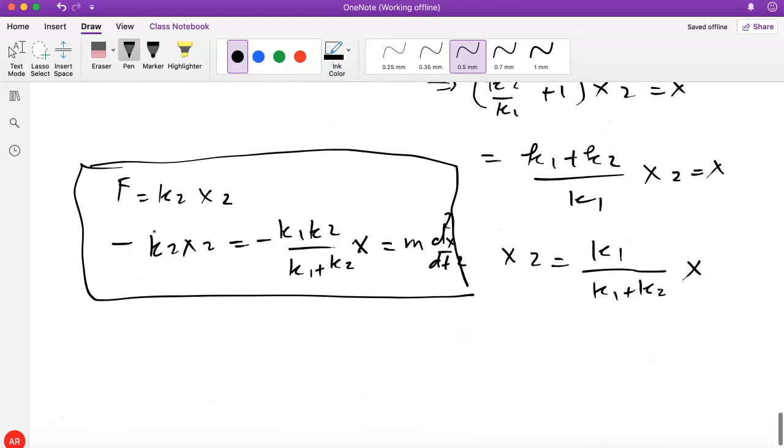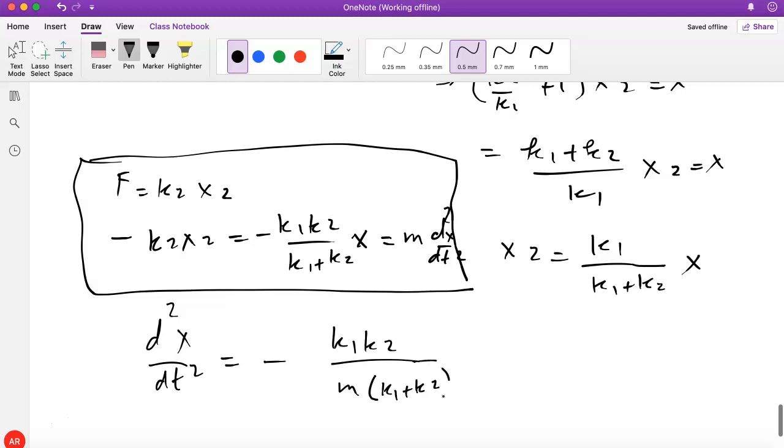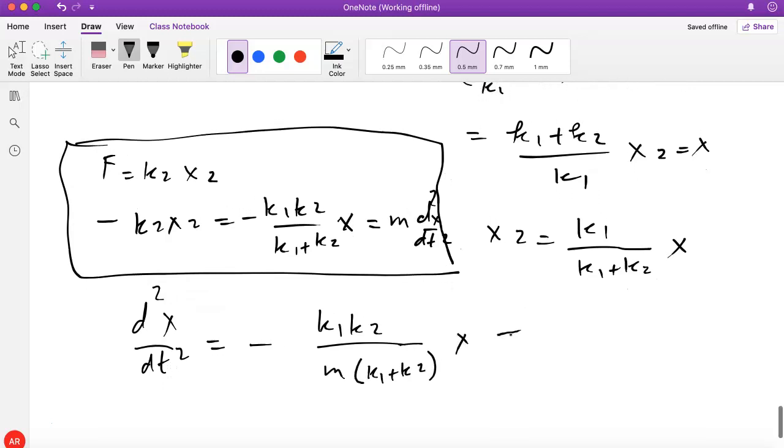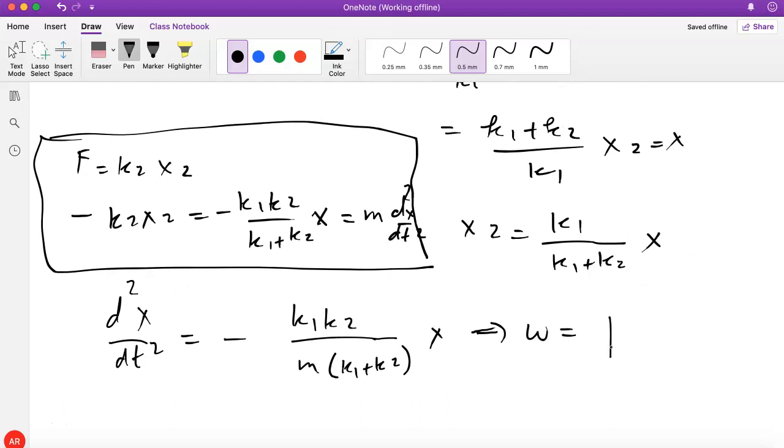So again, we found the same structure. The second derivative of x with respect to time squared, the acceleration, is minus k1 k2 over m times k1 plus k2, times x, and then we can immediately read off our omega, which is the square root of that coefficient.